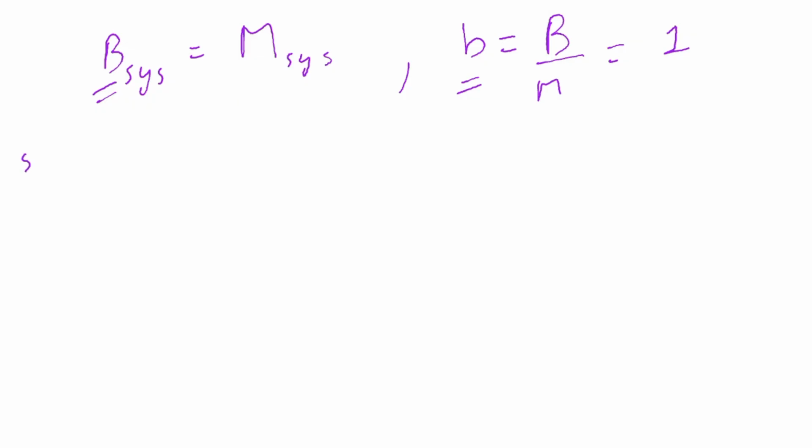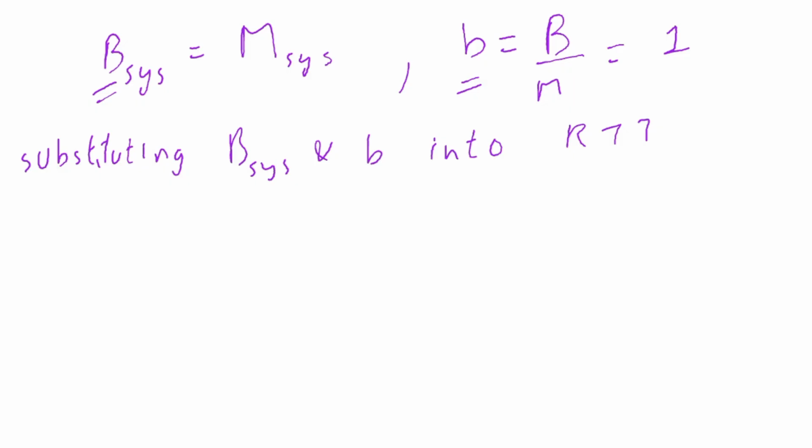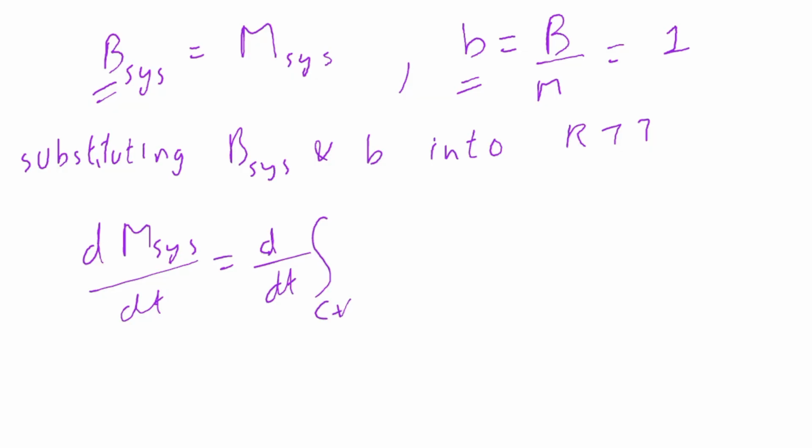So, substituting small b into the Reynolds transport theorem, instead of B of the system, you have M of the system now, divided by dt, is equal to the time rate of change of the integral over the control volume of rho.